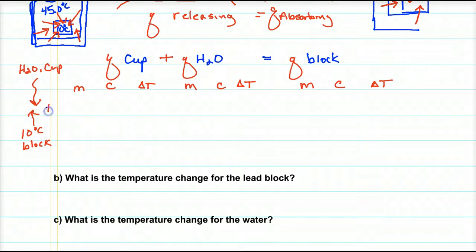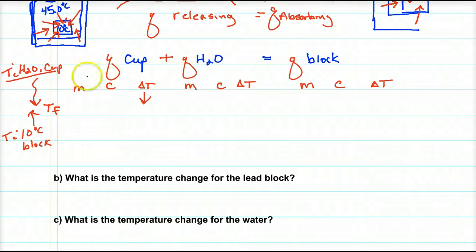So we're trying to find temperature final. The temperature initial for the water in the cup is obviously higher, and the temperature initial for the block is definitely lower. Okay, keeping with that and trying to keep these values positive, the change in temperature is going to be evaluated by the difference of the final and initial.